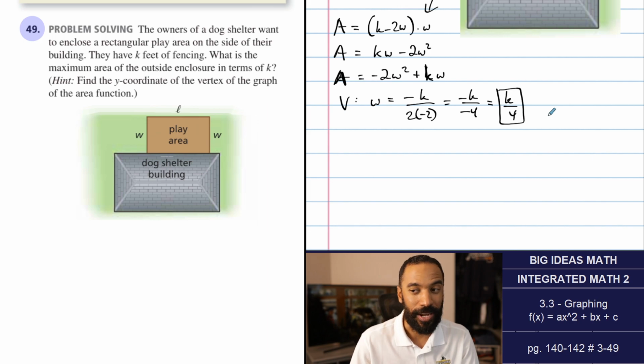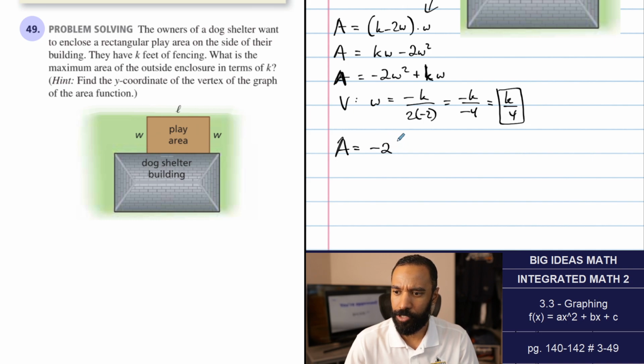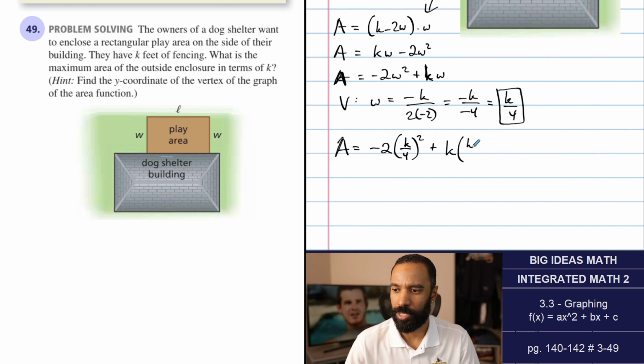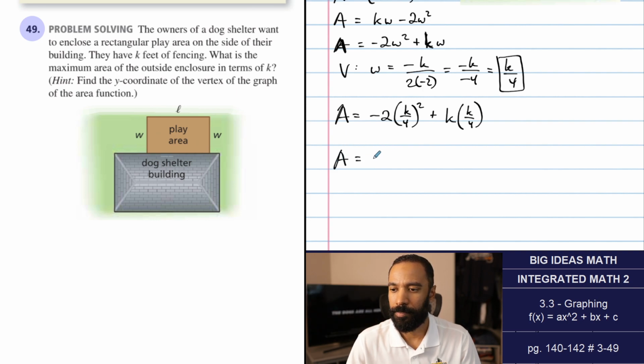Cool. Now, what is that area? So area, remember, k is going to be in the answer. We'll get negative 2 times k over 4 squared plus k times k over 4. Remember, this answer is not going to look like anything pretty unless it is. Negative 2 times k squared over 16 plus k squared over 4.